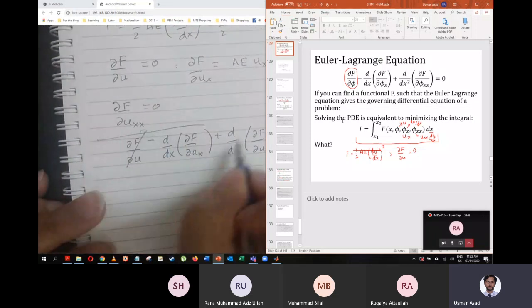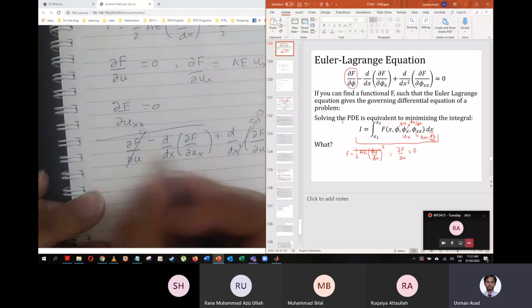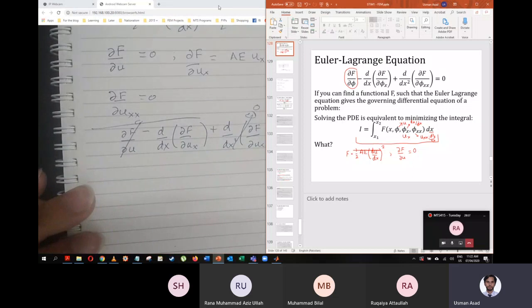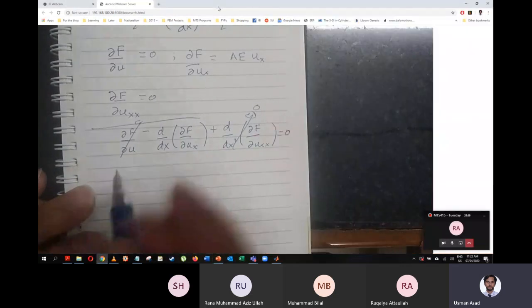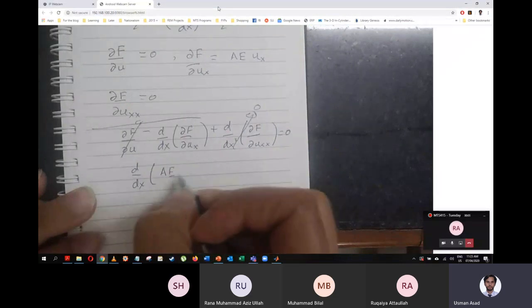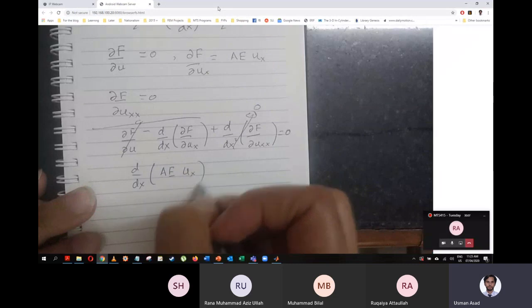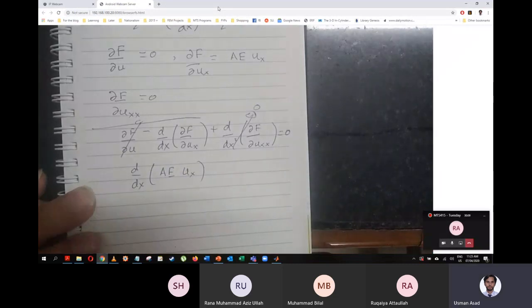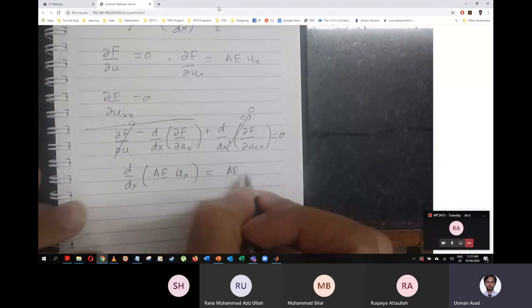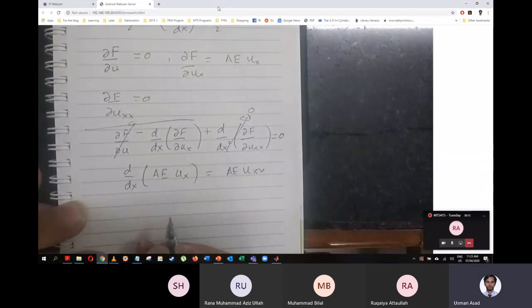So this is 0 and this is 0 and this last term, वैसे minus sign से अब कोई फर्क नहीं पड़ता because वो खत्म हो गई ये बात, is equal to 0 है ना. So all you're going to have is d by dx of AE ux, which I hope you can see is just AE uxx, right?